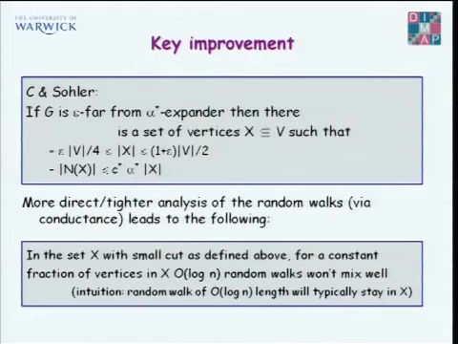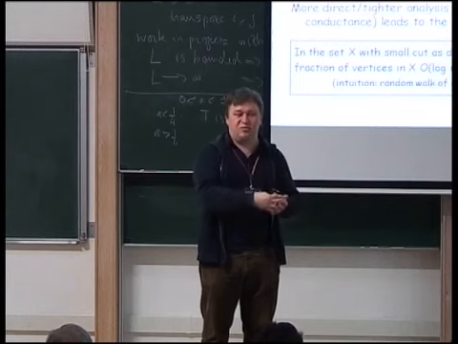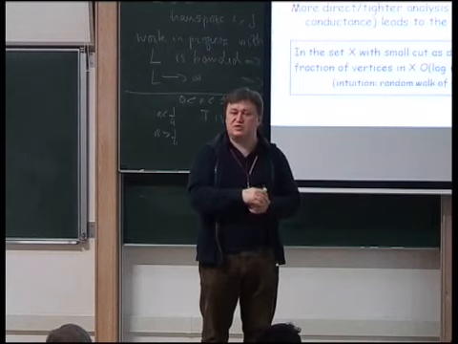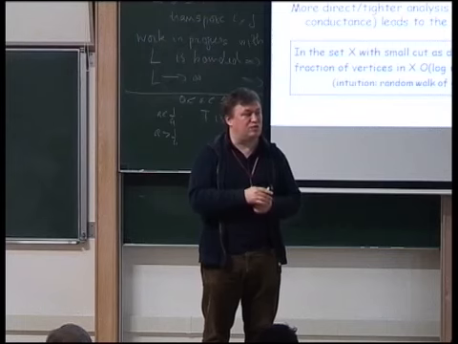The main trick is that they are able to modify our proof, so that you always have one big set with small expansion, and you can construct such a set so that many vertices will have very slow mixing time. So the analysis is tighter.